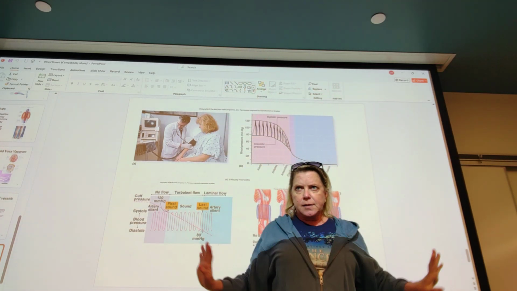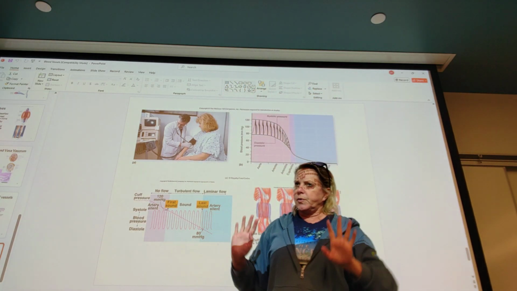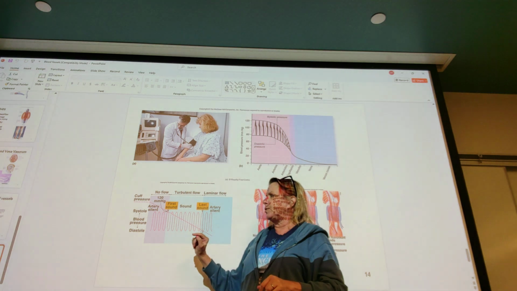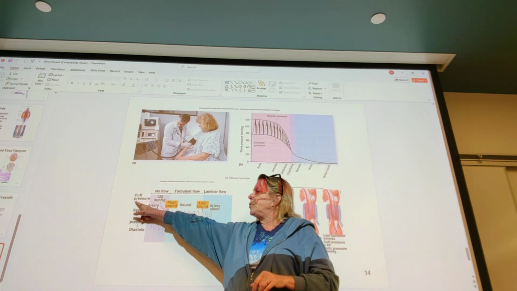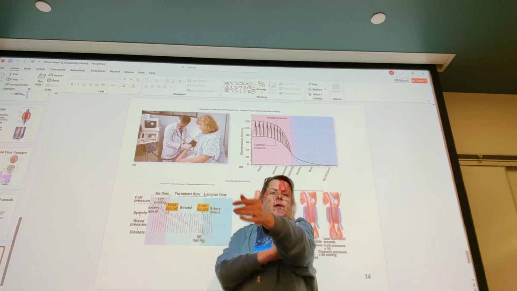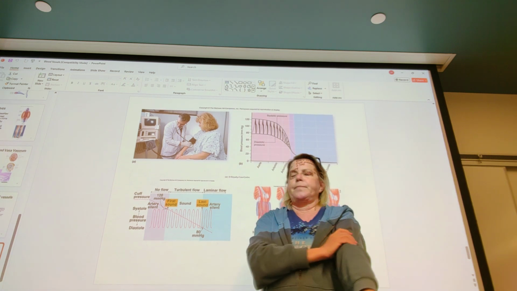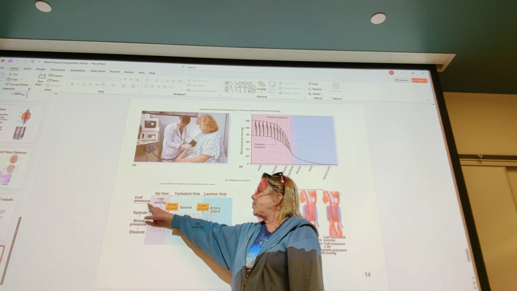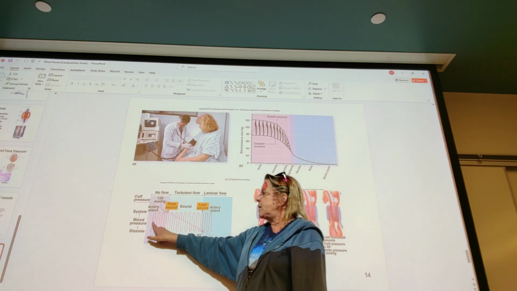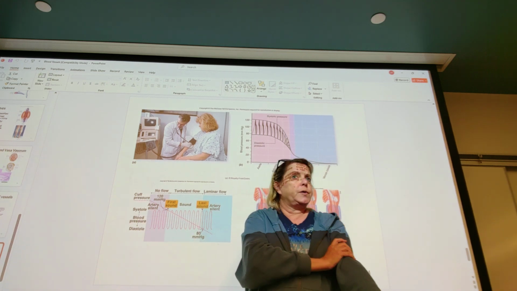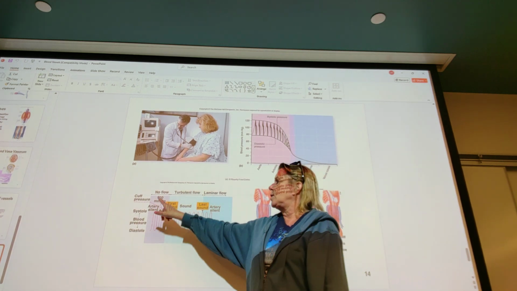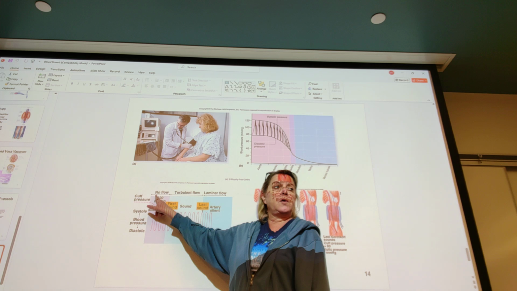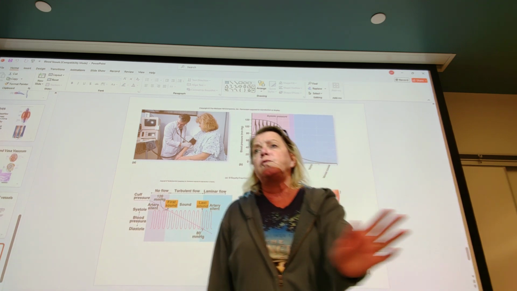When your heart relaxes, the pressure goes down, diastolic pressure. So you inflate the cuff pressure around the brachial artery, and when the cuff pressure is higher than your blood pressure, you have occluded the brachial artery. No blood can flow through it. No flow does not generate a sound.